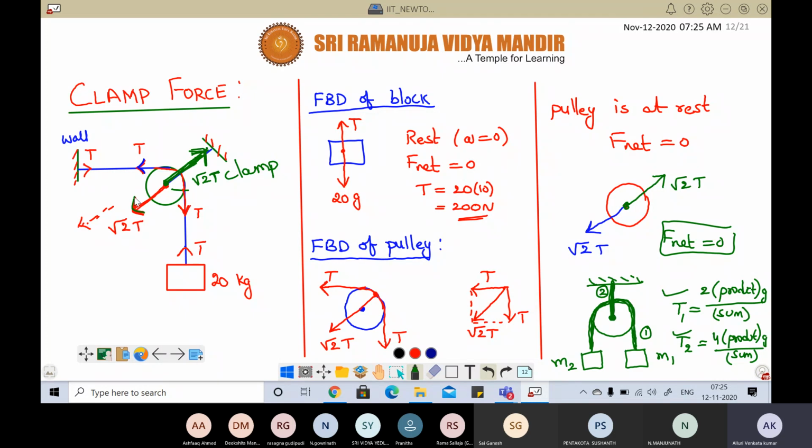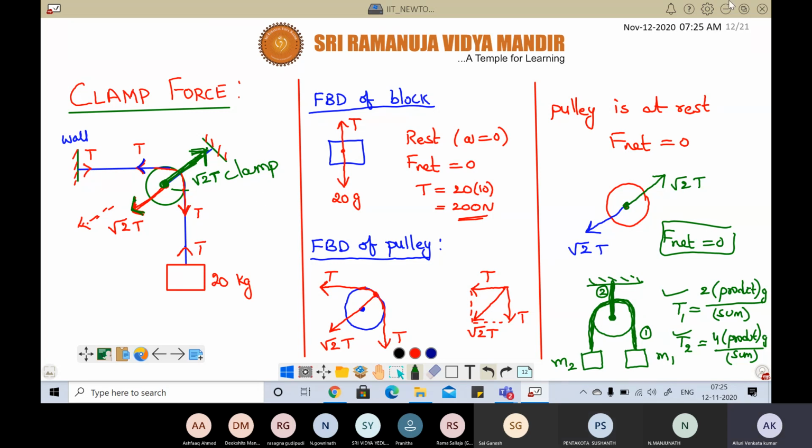But right now the pulley is not moving, which means it is at rest and the net force is 0. The resultant force due to these two tensions in the string is root 2T, so there must be another force, root 2T, exactly opposite to this direction, which is the clamp force. Okay. Yes, sir. Thank you.